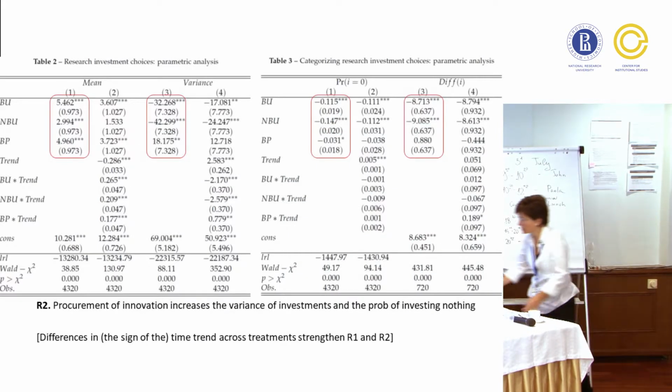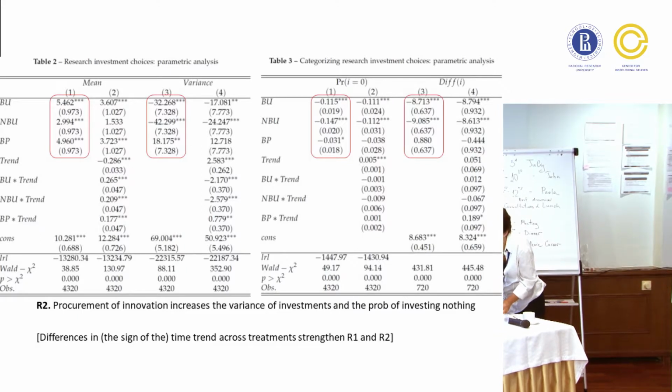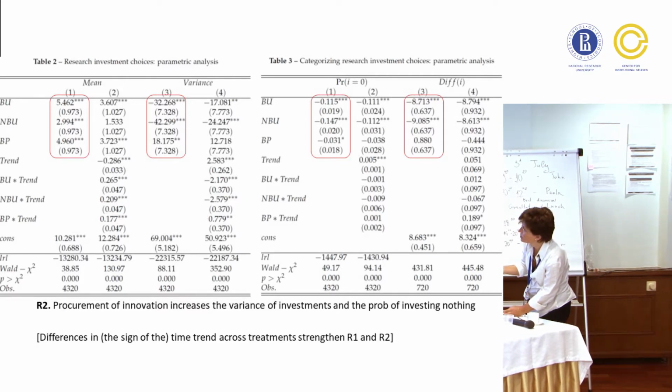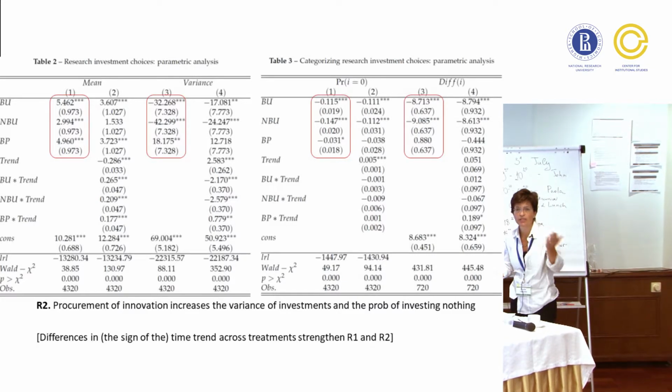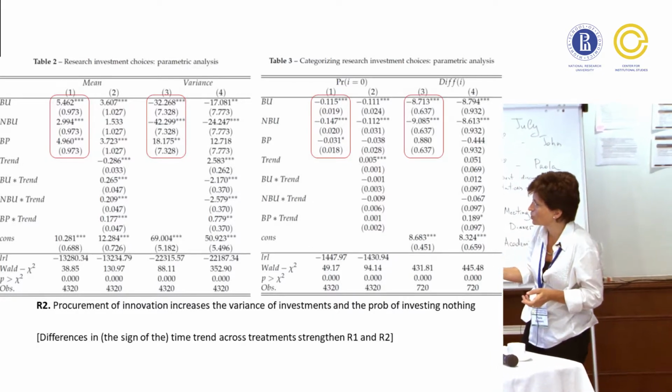Okay, here you can see the parametric analysis. I just refer to some part of this analysis. You can see that here you have a highly significant result with respect to the treatment. So this confirms somehow what we already saw with the non-parametric result in the previous slide.